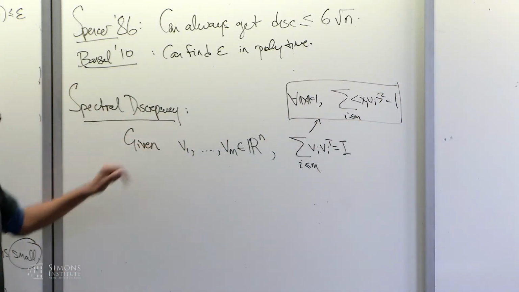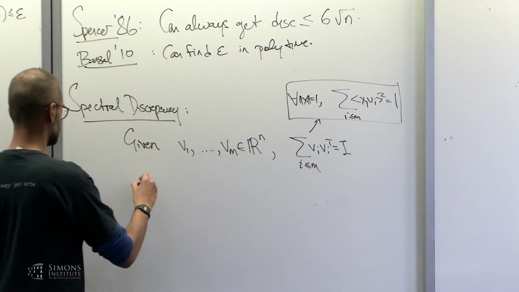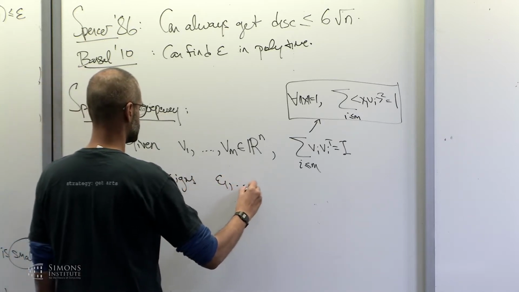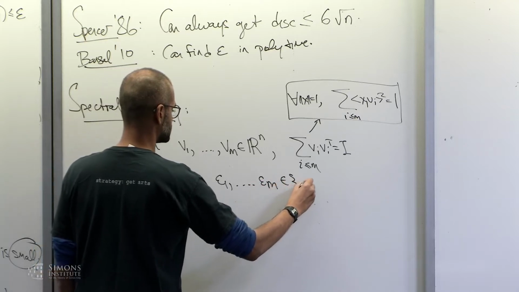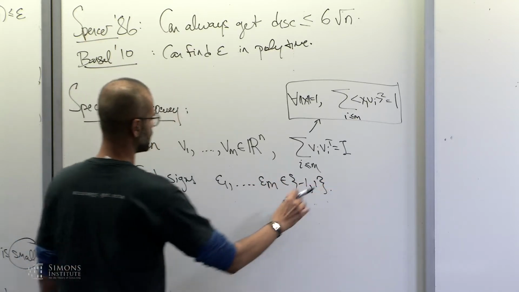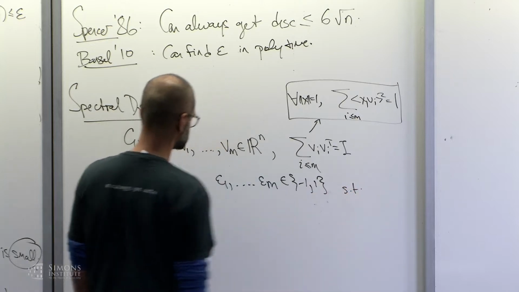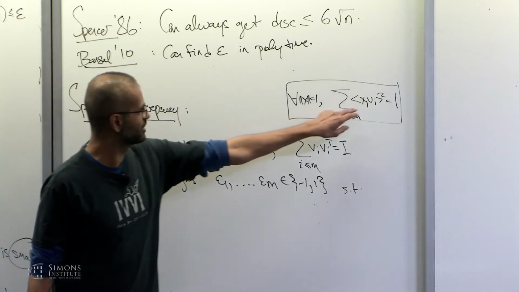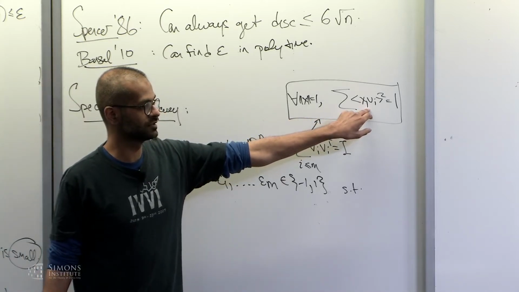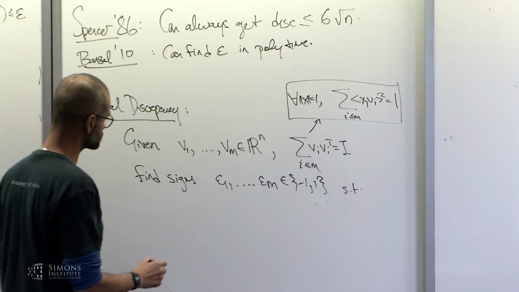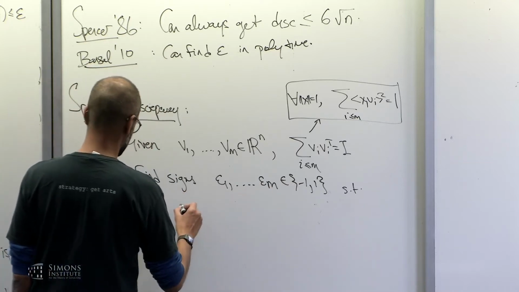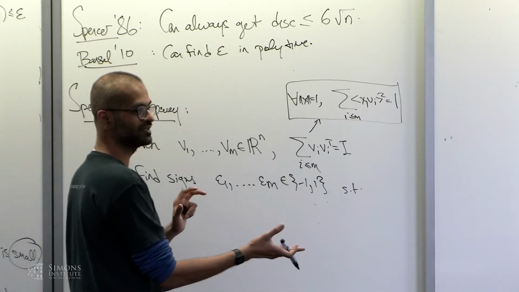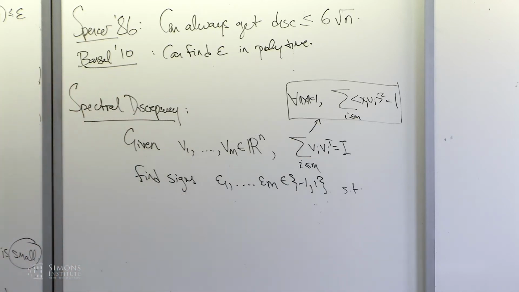Okay, so you're given these vectors, and the goal is again to find signs, one sign for each vector, such that, now what would you like to have happen? The original vectors have the property that the variance in every direction is 1. You would like to find signs so that in every direction the variance is about evenly split between the plus and the minus vectors.